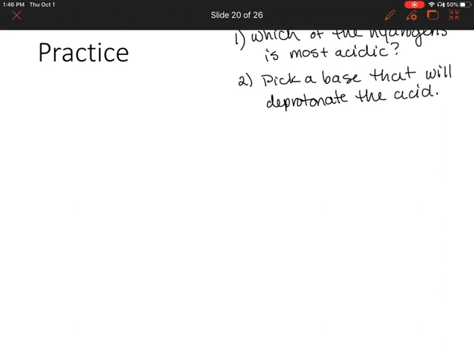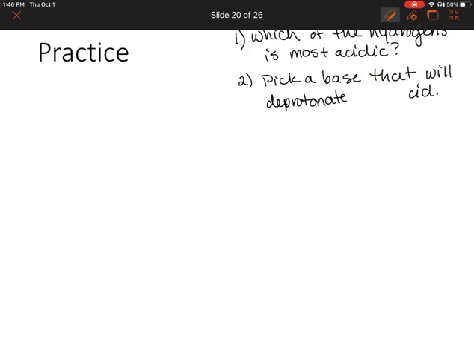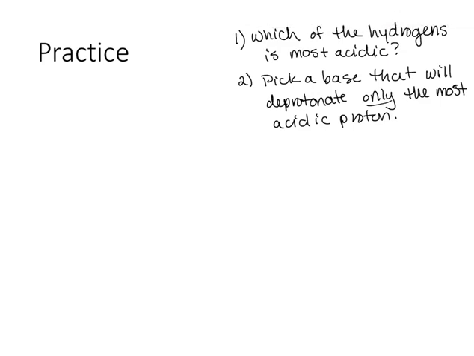Now, actually, I'm going to rephrase that a little bit. We want a base that will deprotonate only the most acidic proton. Okay. So a bit of a distinction there. We don't want the base to deprotonate any of the other hydrogens, just the most acidic one.